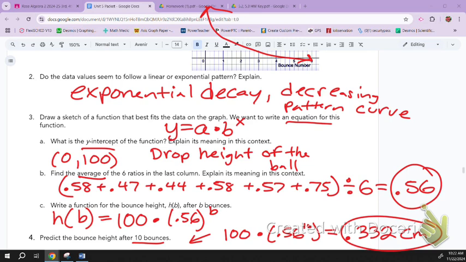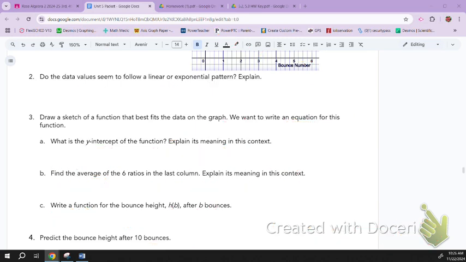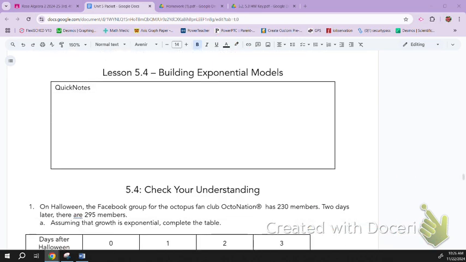Yesterday we did an application of growth. We did money. Let's flip the page. Let's look at our quick notes. Okay, so yesterday 5.3 was money. Today was an example of decay and writing an exponential model. Writing the equation from data or maybe a scenario.